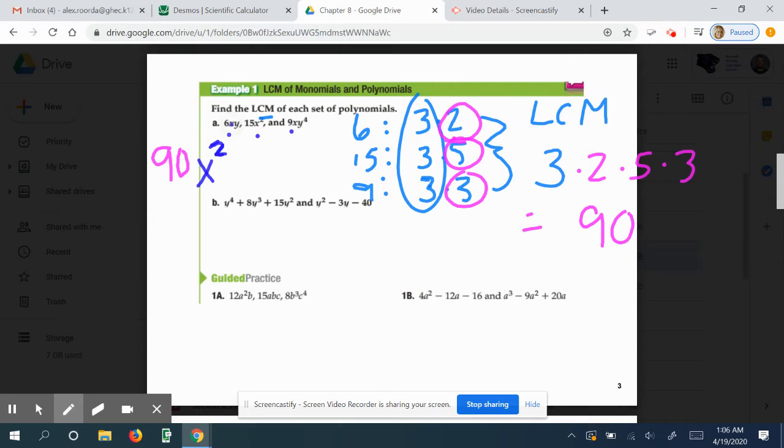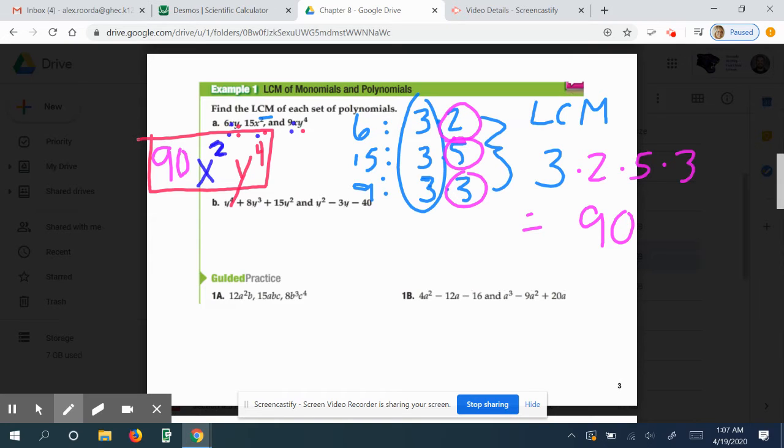Because I could give this one an extra one, and I could give this one an extra one, but I don't have to give the middle one an extra one, so it'd be x squared. Then I look at the y's. So I have 1 y here, I have no y's here, and I have 4 y's here. So the least common multiple would be y to the fourth, because I could give 3 to here and 4 to here. So here is my least common multiple between them, okay?